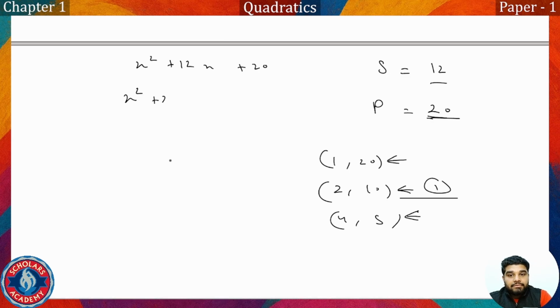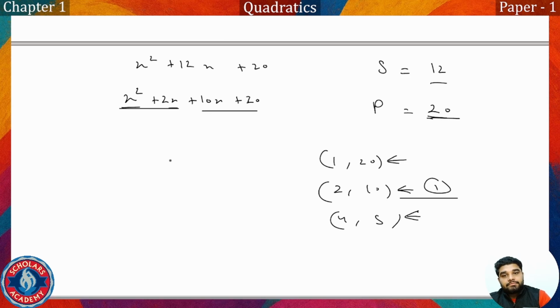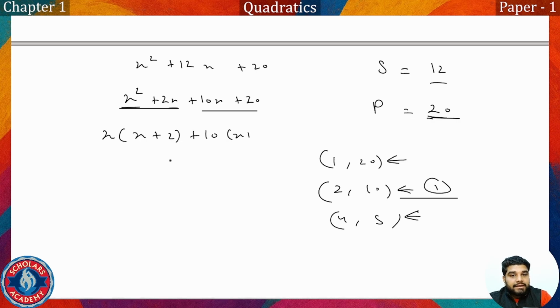x square plus 2x plus 10x plus 20. I will take things common from the first two terms and from the last two terms. What I can take common is x from here. I get x plus 2. I can take common 10 from here. I get x plus 2 again.